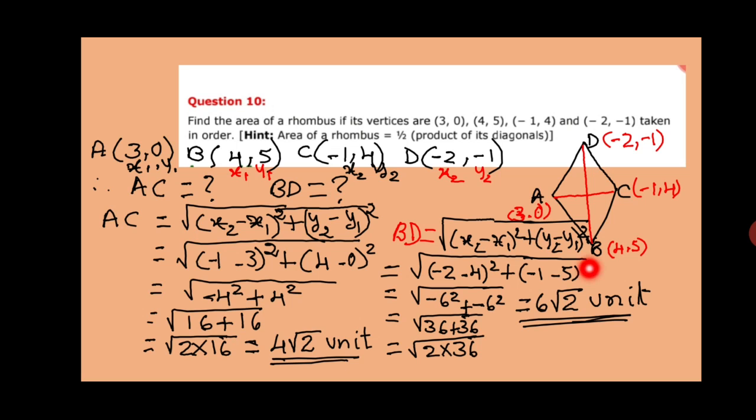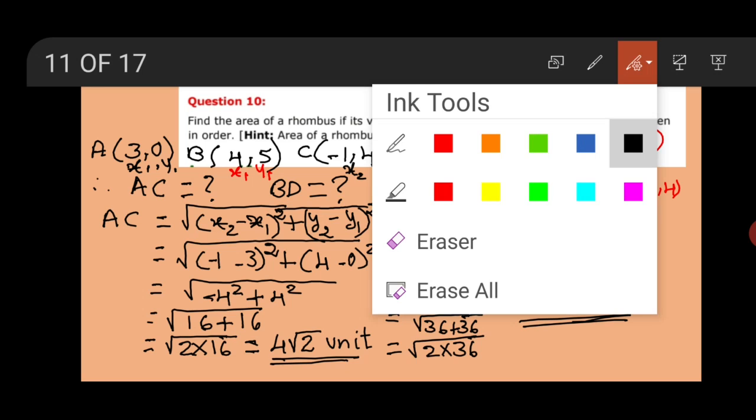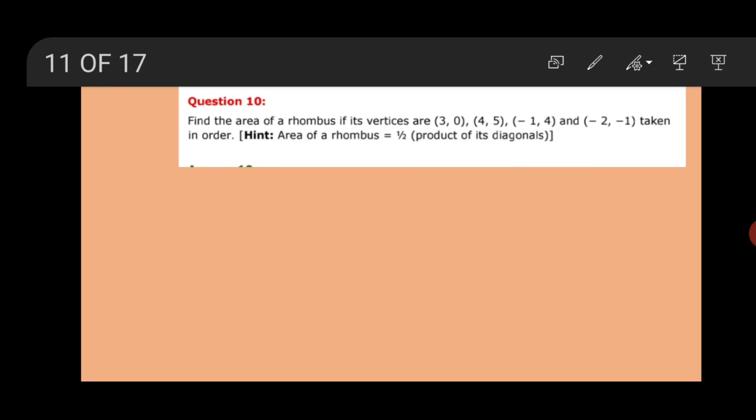So we know the two diagonals. What are they? One is 4 root 2. Another one is 6 root 2. Therefore, what is the area of the rhombus ABCD? Write down. Therefore, area of the rhombus ABCD.